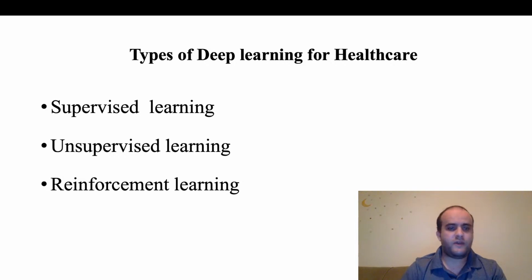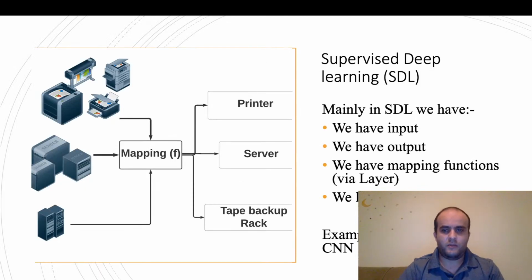In supervised learning, for example, here we have a printer, server, tab, pack, rack. Even if they look similar, we need to identify them. So we have a label in supervised learning in general.